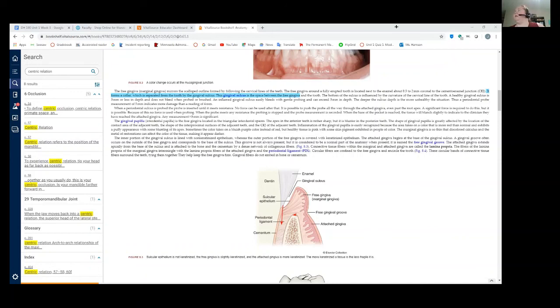I think that about wraps it up. Let me clear these drawings. Does anybody have questions on what we talked about today? I have one question. Please. The circular fibers, are they the same as the gingival fibers?